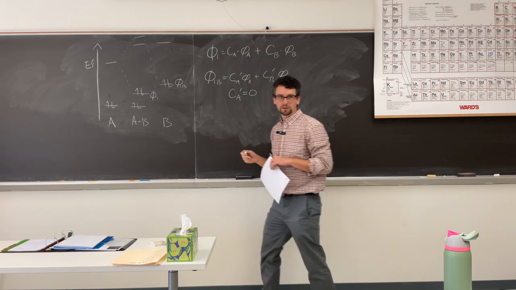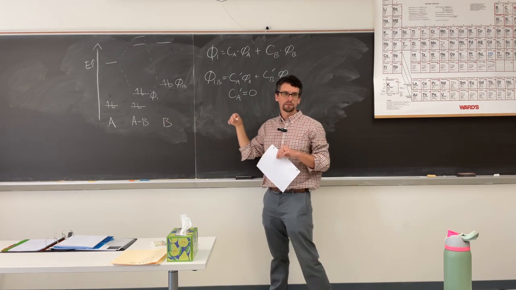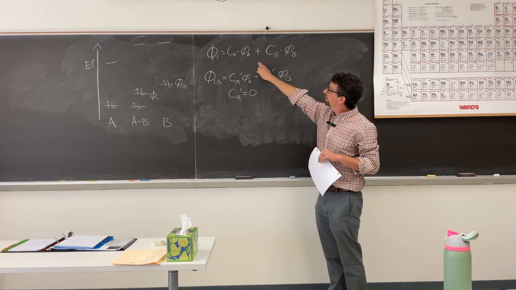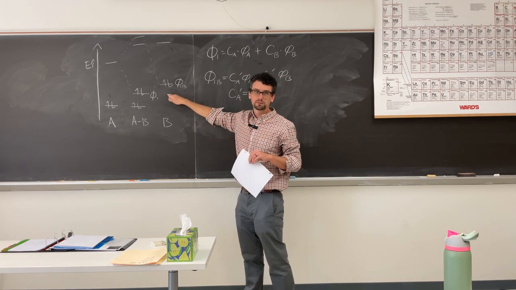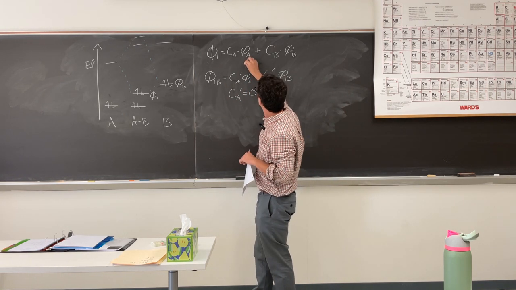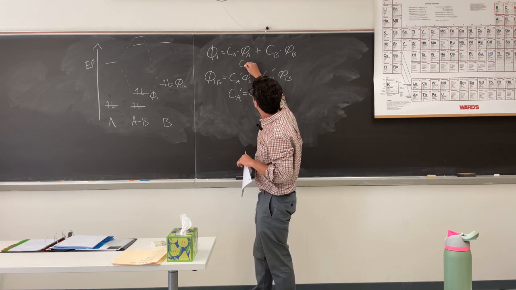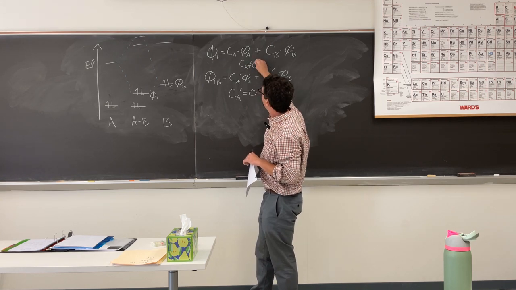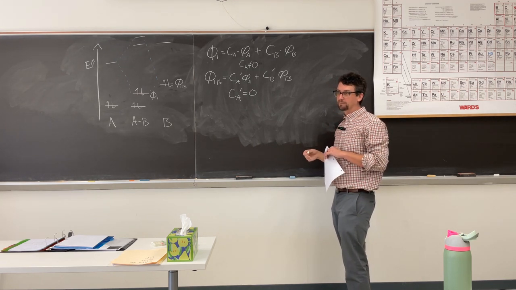Because there is absolutely no contribution from A because this thing's on B. Now, what could you say about the value of CA in this new orbital? Is it 0? Yeah. It's got to contribute something. Otherwise, there wouldn't be one.